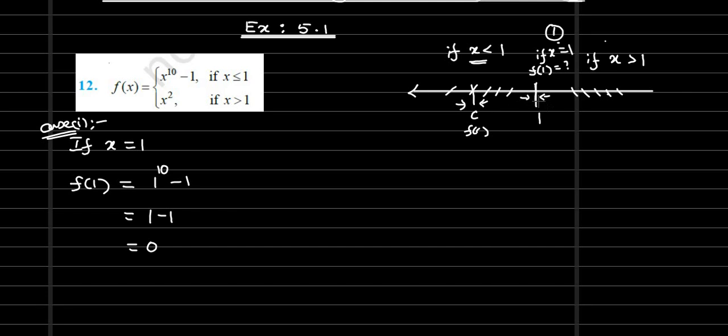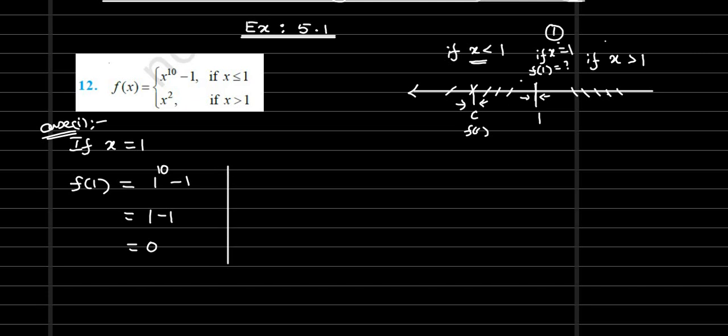Before that, let's see whether the left hand limit of f of x and the right hand limit of f of x are the same or not. Left side close values are approximately 1 but less than 1, so we use the first function. Right side close values are approximately 1 but greater than 1, so we use the second function. Since different functions are used, we have to find the left hand limit and right hand limit separately.